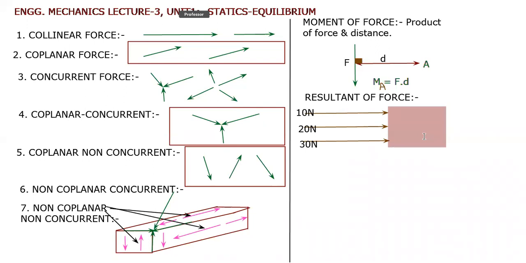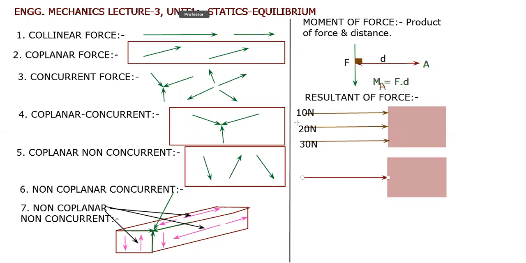Now, if we replace these three forces by a single force, then that force will be called a resultant force. You can replace these three forces by a single force, and that force must give the same effect as that of these three individual forces combined together.